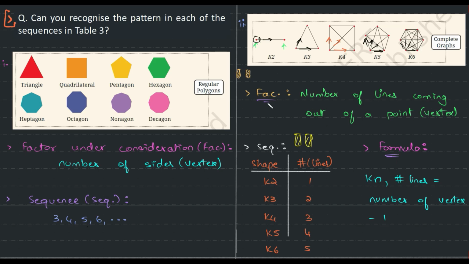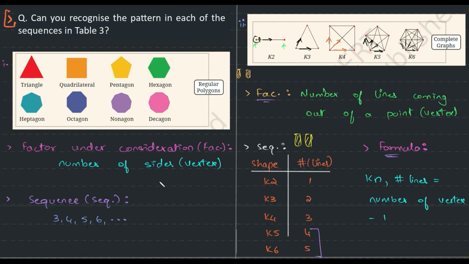We consider a factor. According to that factor, we wrote a few numbers and then we predicted, and we predict and verify. Once we have that, we can do a lot more prediction and a lot more verification. And once that is confirmed, we can write a formula.